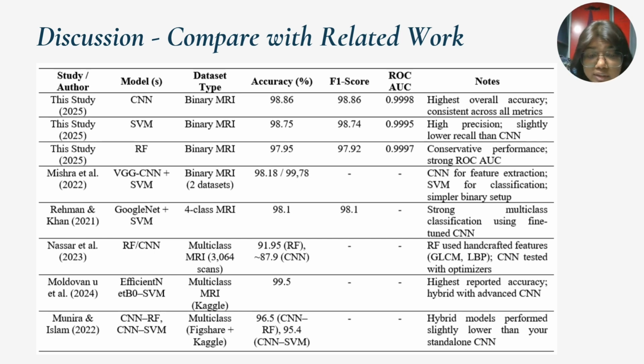In summary, our study confirms that the standalone CNN model is extremely effective for brain tumor classification, outperforming several hybrid approaches. SVM and RF also offer reliable alternatives, especially when we need to consider simpler or more efficient implementation.